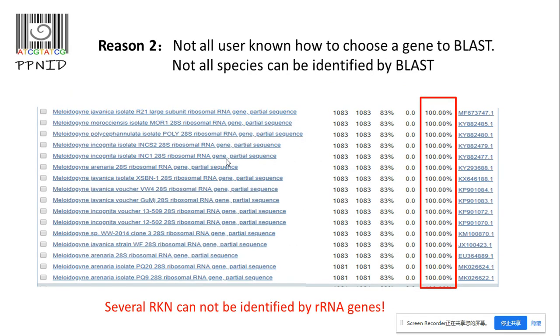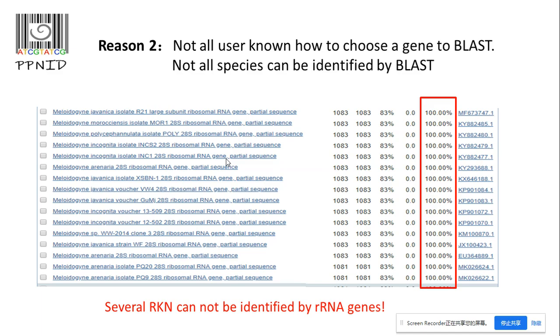The second reason is the most important reason. For many species, you cannot identify them in BLAST at all. Here is an example of Meloidogyne. This is a genus we usually call root-knot nematodes.